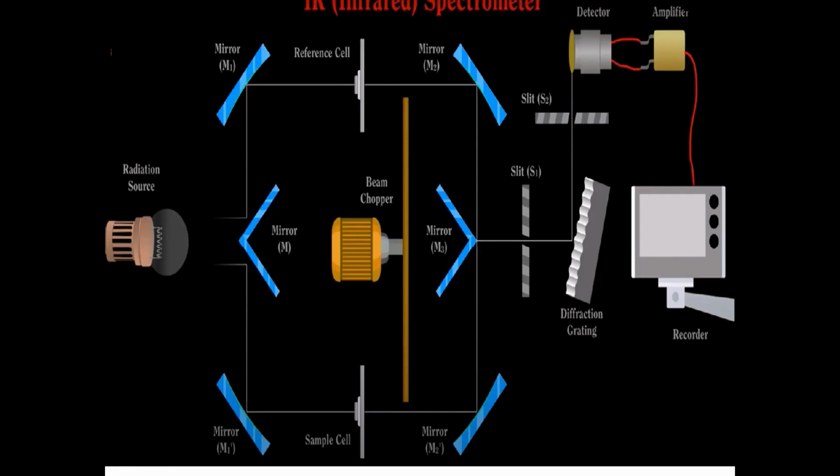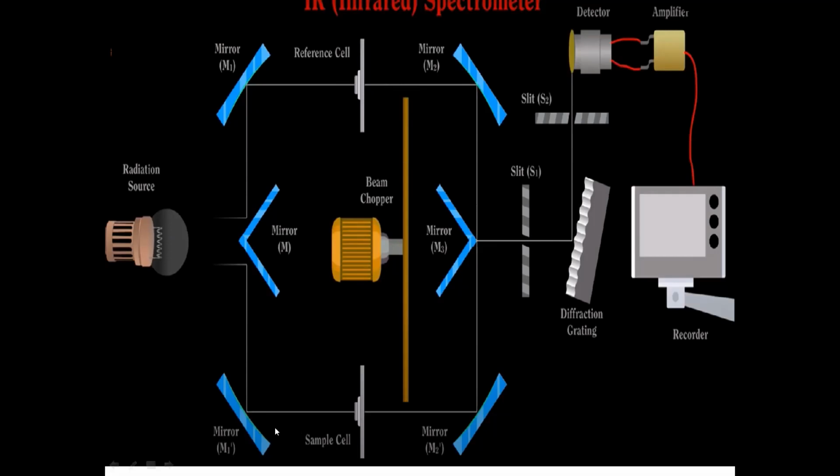How will this beam cutting take place? Once this beam moves up to this point, when this chopper comes to this point, it will block the radiation which is coming through this reference cell, which is transmitted through the reference material.